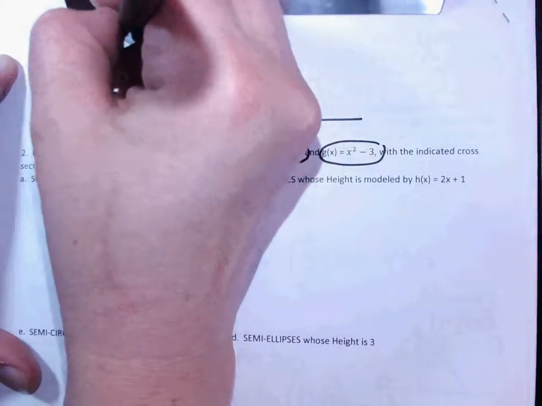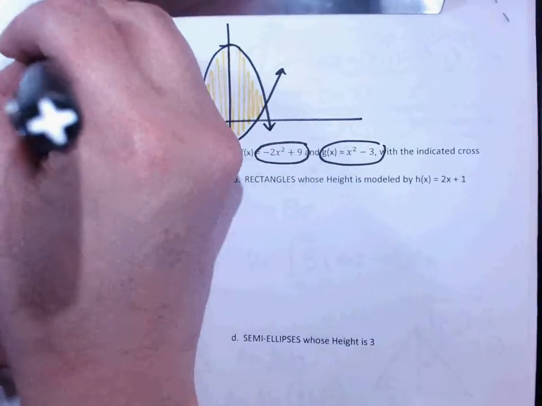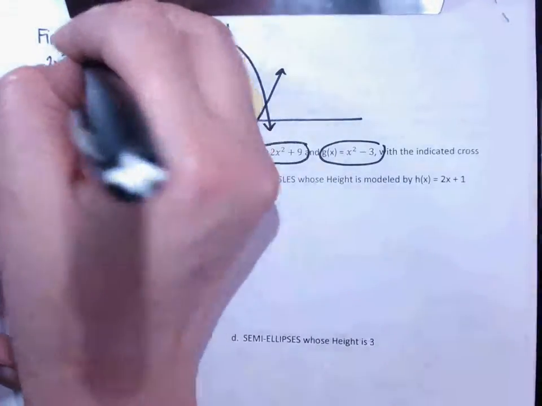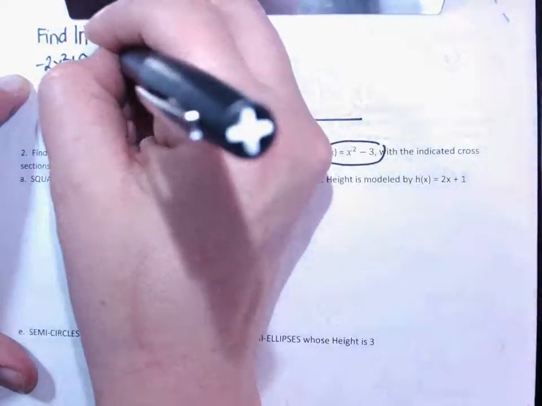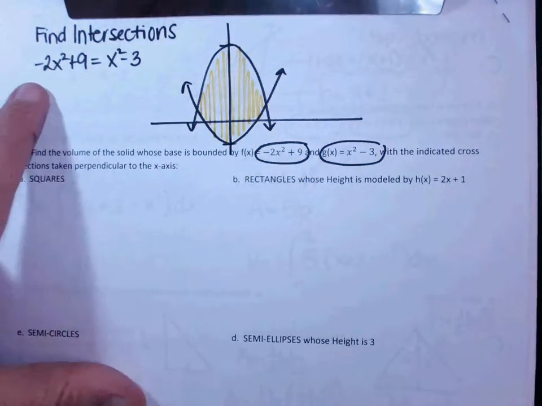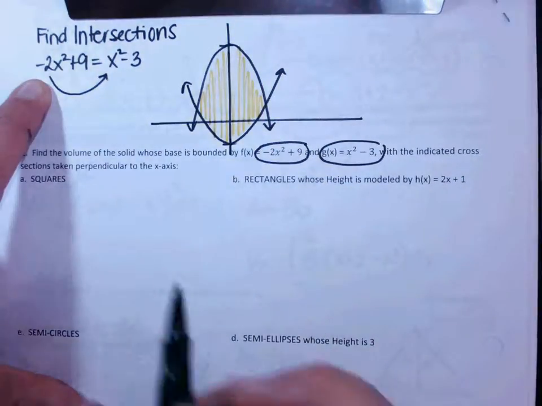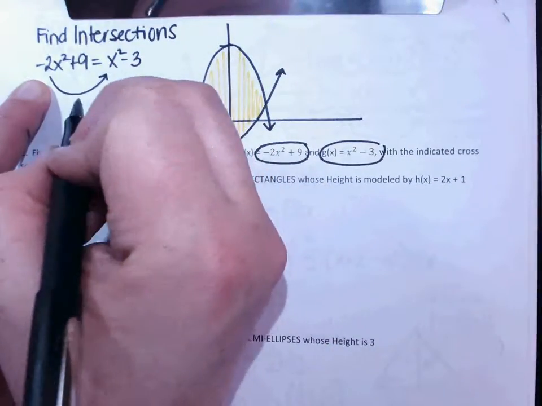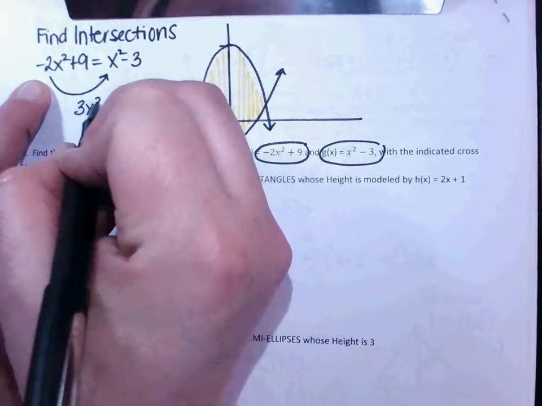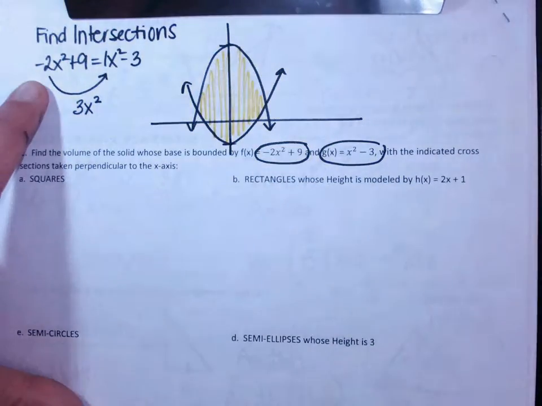Find intersections. So I would let negative 2x squared plus 9 equal x squared minus 3. Okay, I'm going to move my minus 2x squareds over here. How many do I have now on this side? 3x squared, yeah? Because you're adding the 2 across, so it'd be 1x squared plus 2x squared makes 3x squared.